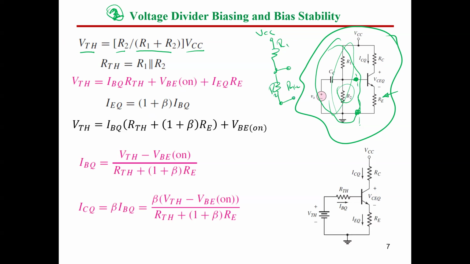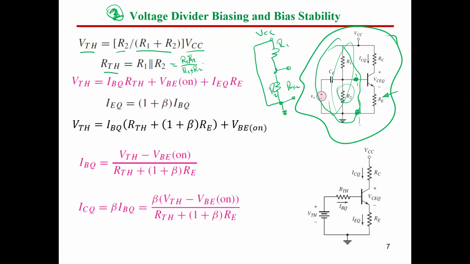We need to get the resistance between these two terminals. So this VCC will be canceled. Cancel means connecting it to ground, so it will be connected right here. This means R is nothing but R1 parallel R2. So R Thevenin equals R1 parallel R2, which means R1 R2 divided by R1 plus R2. This is the equivalent of R Thevenin.